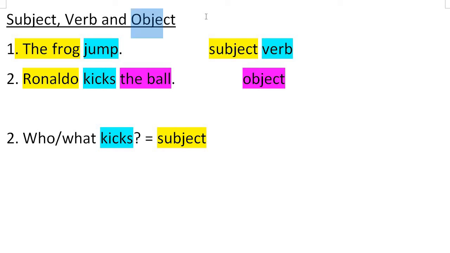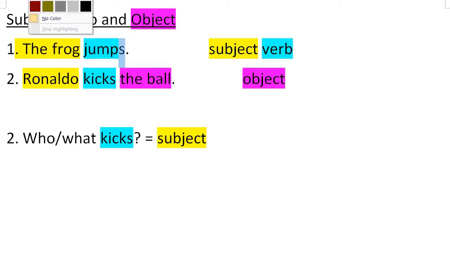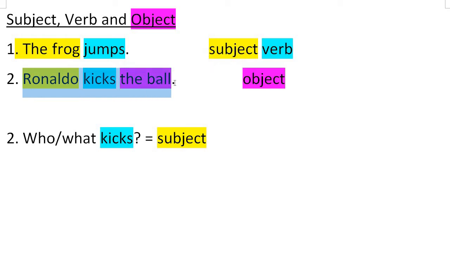As you can see, sentence one doesn't have an object. The frog jumps. There is no object. But Ronaldo kicks the ball has an object. Why? Because for number two, you don't ask who or what kicks.